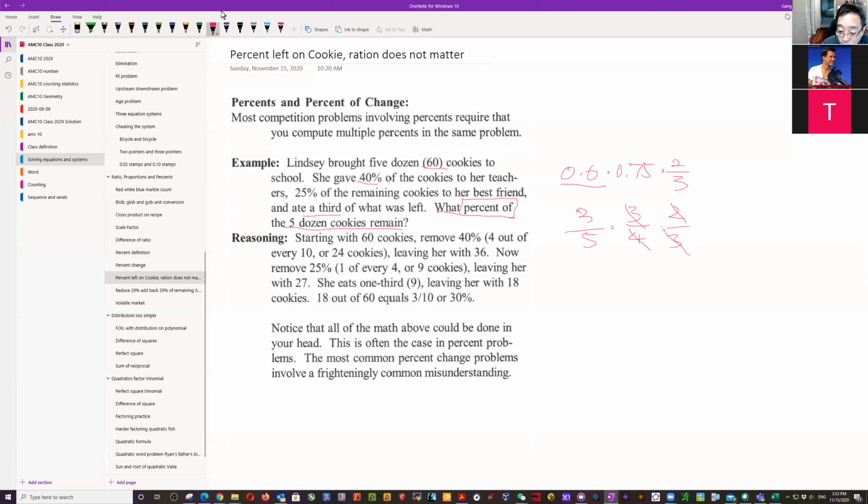Cancel this out, so 3/10 equals 30%. Notice I'm doing this problem without even the 60 cookies. So a lot of the time, if you do percentage problems, convert to fractions or decimals first.